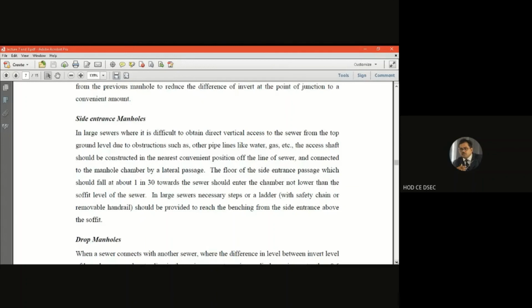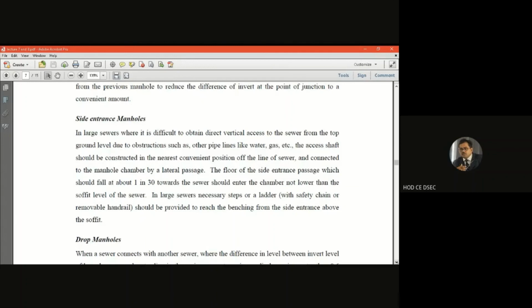Then what will be the alternative thinking? The access shaft should be constructed in the nearest convenient position to the line of the sewer and connected to the manhole chamber by a lateral passage.